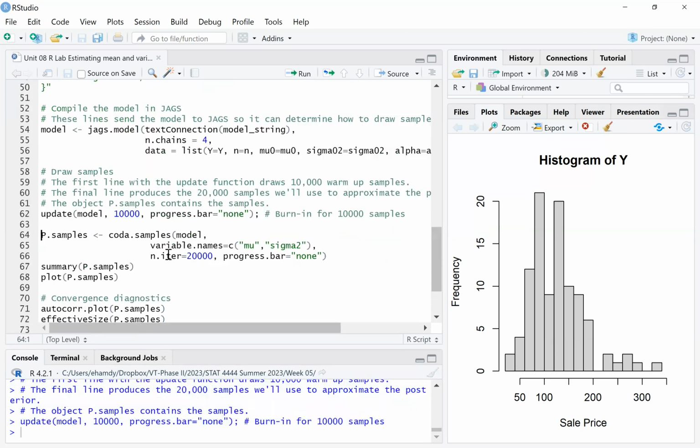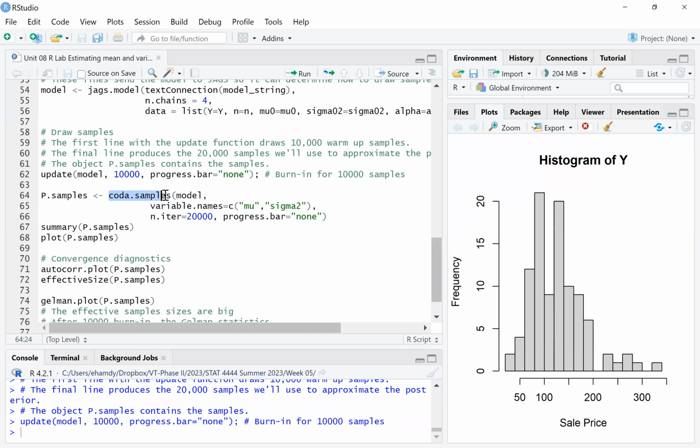And then use the coda.samples function to get a random sample from each posterior distribution. Each one is 20,000 for each chain, and you run 4 chains for each parameter. So 20,000 times 4 is 80,000 for each parameter after we remove the first 10,000 from each chain.